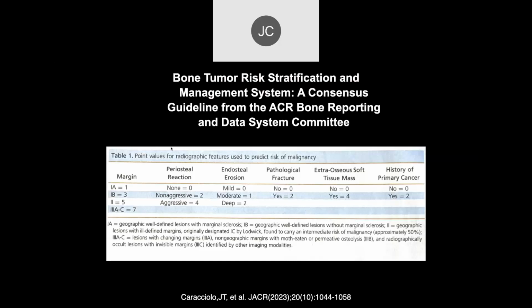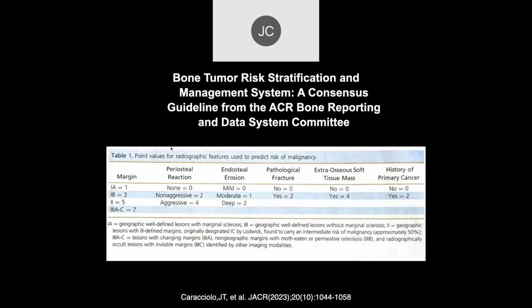Here, they take 6 different criteria of evaluating a lesion on plain films, assign numbers to them, add up the numbers, and that gives you a score which can be divided into no risk for malignancy, low risk, intermediate risk, and high risk.